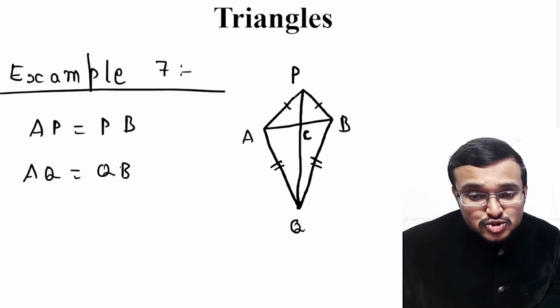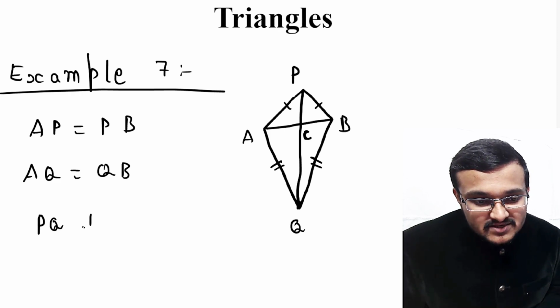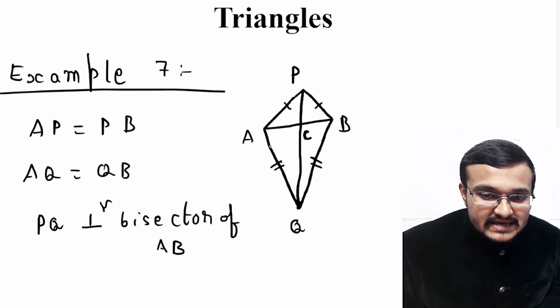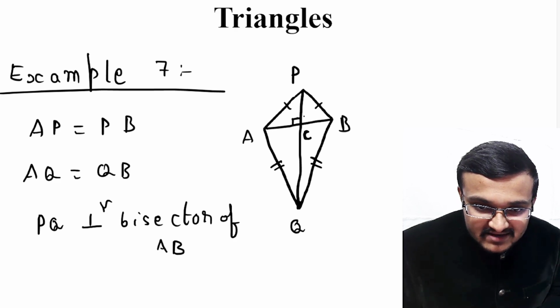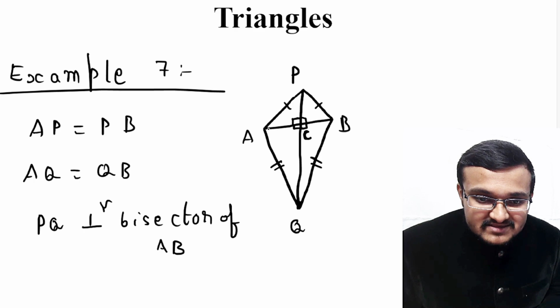Now you have to show that PQ is the perpendicular bisector of AB. That means all these angles should be equal to 90 degrees.